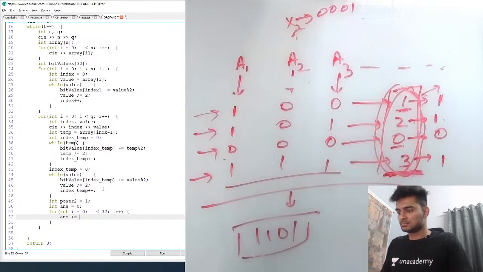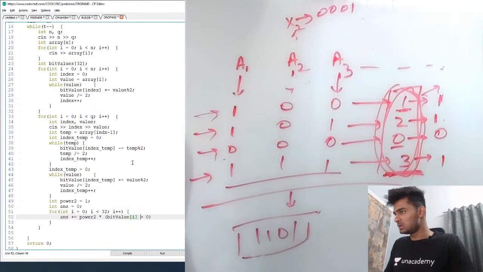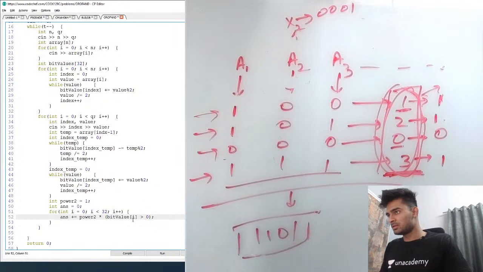So answer plus equals power 2 times bit value greater than 0 for the ith value. Basically what this means is, if the bit value at the ith index is greater than 0, then this particular statement is going to return 1.